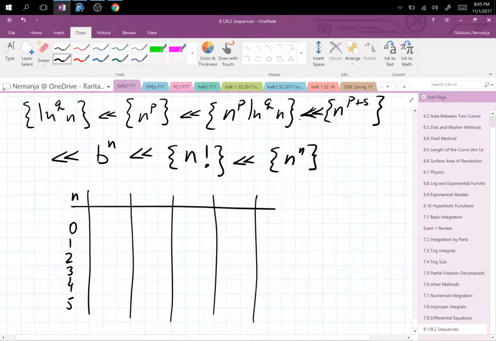There we go: 2n, n squared, 2 to the n, n factorial, and n to the n.